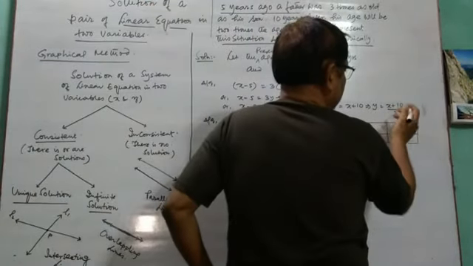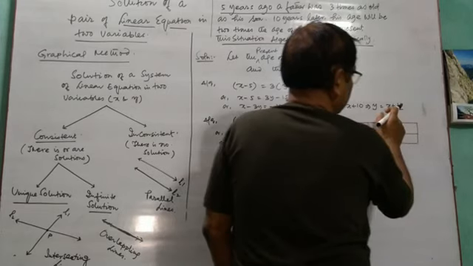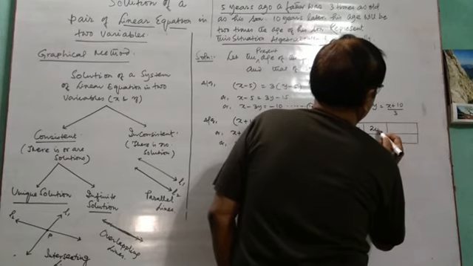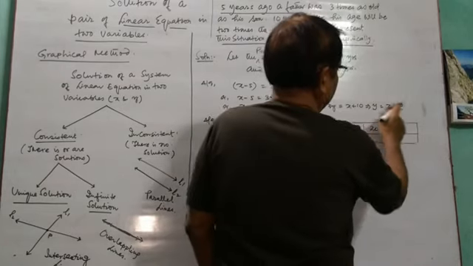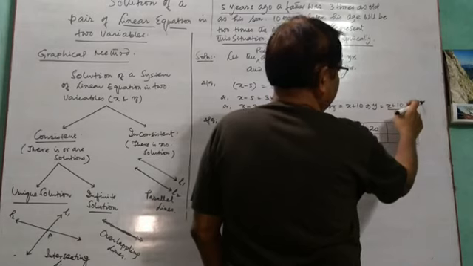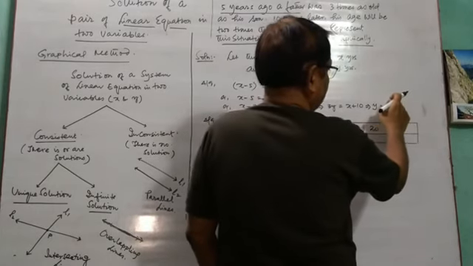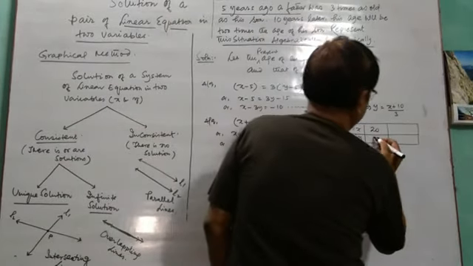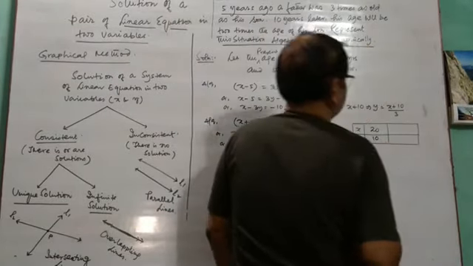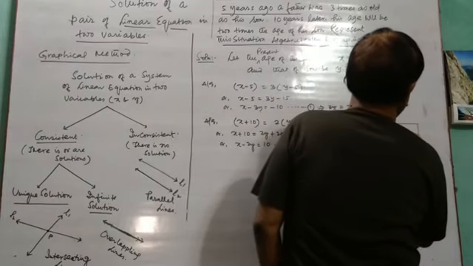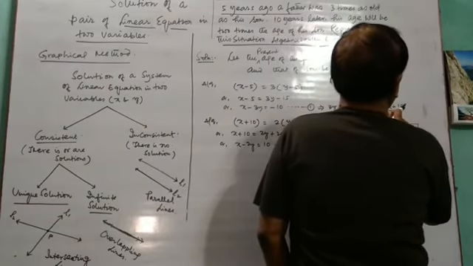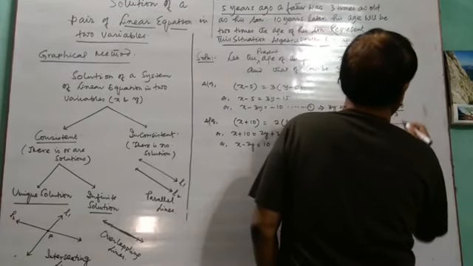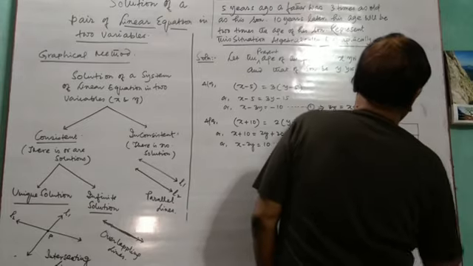So we will put 20 over here. If we put x equal to 20, 20 plus 10 by 3, 30 by 3 is equal to 10. Then again we can put 50. 50 plus 10 by 3, 60 by 3 will give us 20.